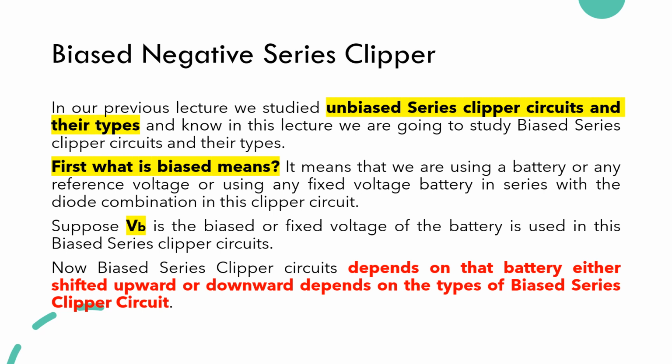Suppose VB is the bias or fixed voltage of the battery used in these biased series clipper circuits. Now, biased series clipper circuits depend on that battery, shifting the clipping level either upward or downward depending on the type of biased series clipper circuit. So let's see these different types.